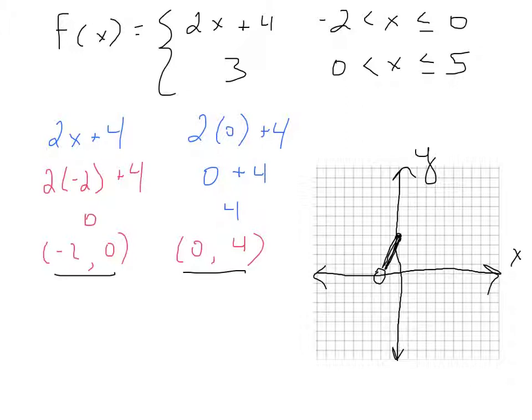Now for the second part, I'm going to look at my next equation, which in this case is just 3. Again, I'm going to find the endpoints. So I'm going to take the numbers 0 and 5, and I'm going to plug them into this function. Now, there is nowhere to plug in the 0 and the 5 because there's no x in my function.